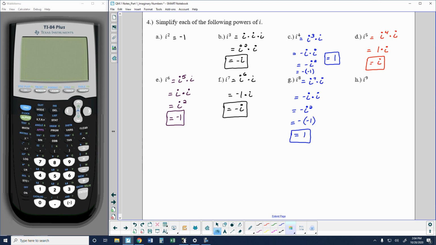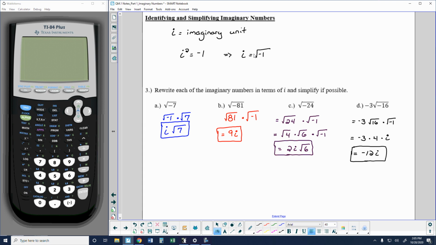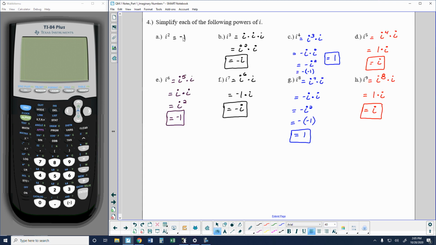Now, if you see the pattern, what do you think i to the ninth is? Hopefully you said it's just going to be i. Well, let's check. i to the ninth is i to the eighth times i. i to the eighth is 1. So 1 times i is i. So we may see a pattern start to emerge here. i to the first power is just i, which is the square root of -1. i to the second power is -1. i to the third is -i.